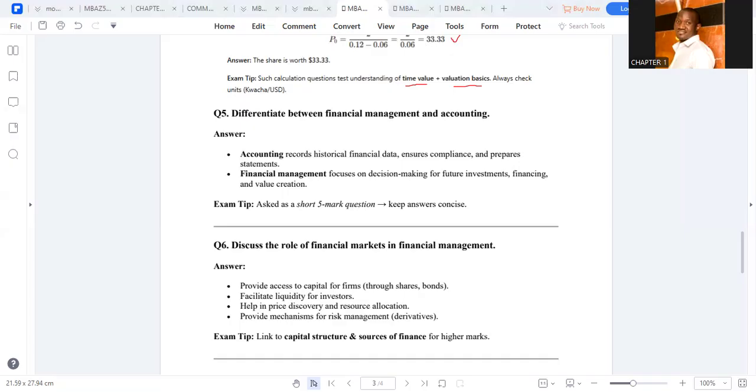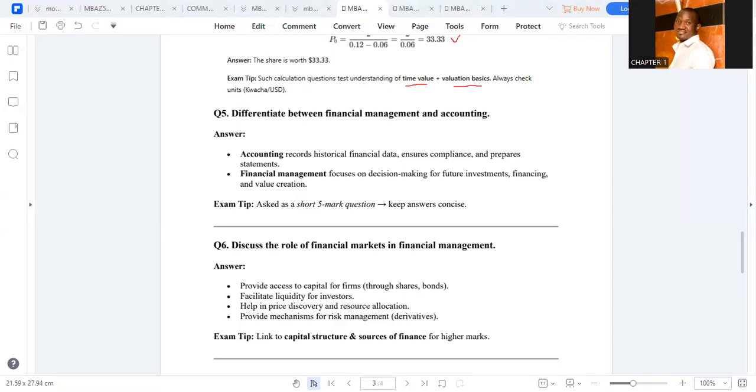So the key differences are in time, purpose, decision making, scope. Accounting looks at historical data, whereas financial management looks at the future. The purpose of accounting is compliance and record keeping, whereas financial management is in what? Wealth creation and maximization of profit. In terms of decision making for financial accounting, information is just for information purposes.